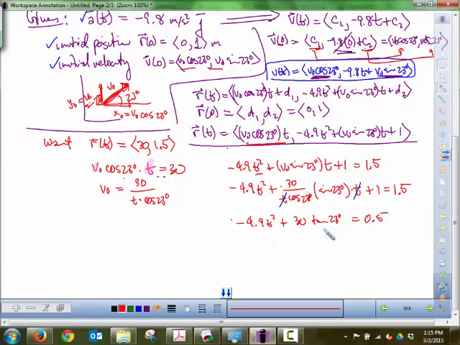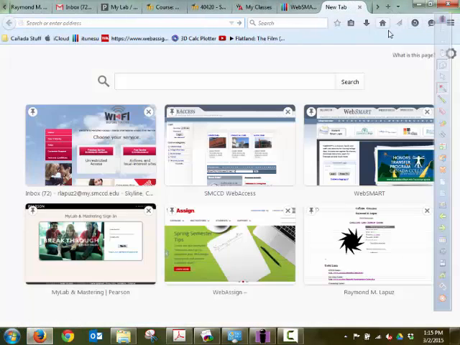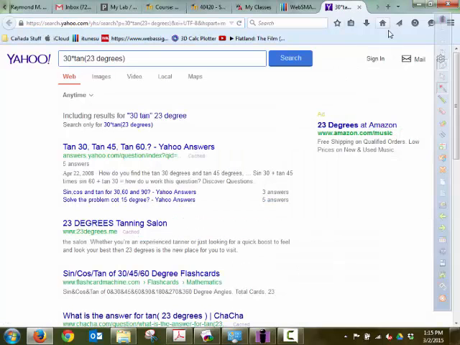And then, all right, let's finally get this figured out. What is 30 times tangent 23 degrees? What is it? 12.73.